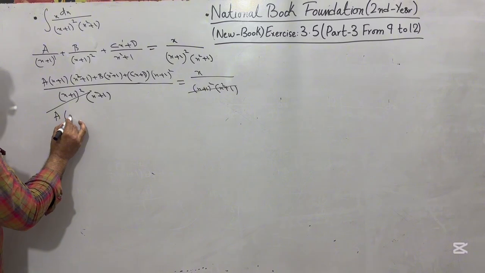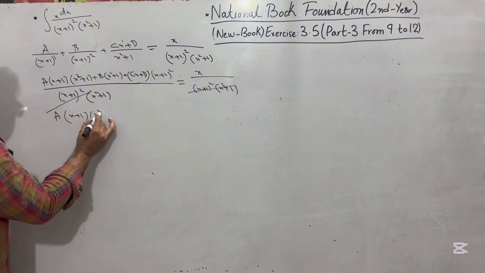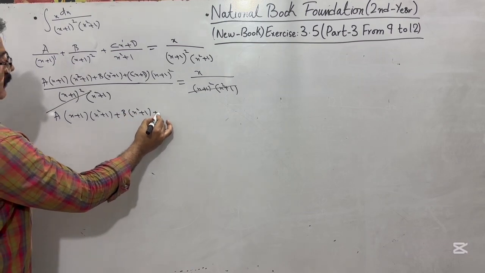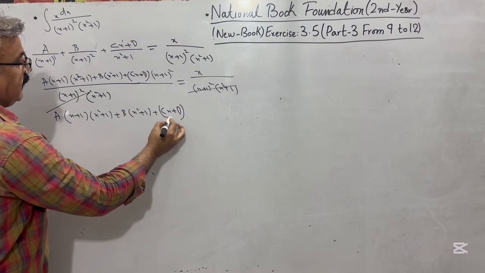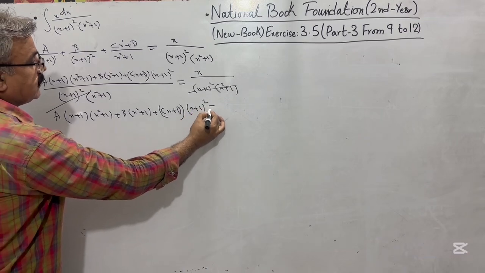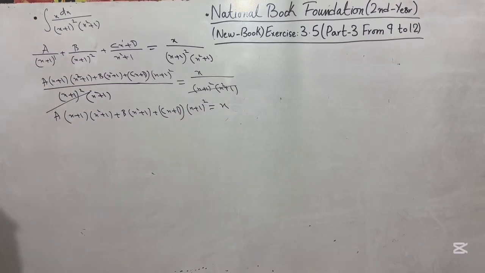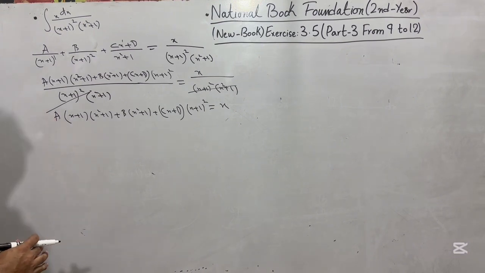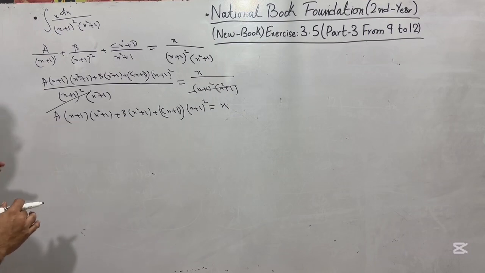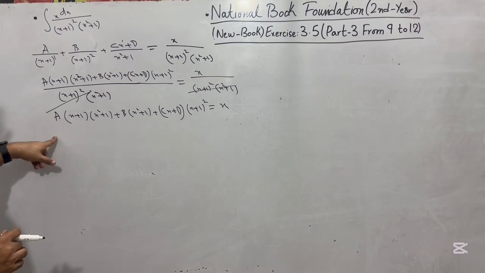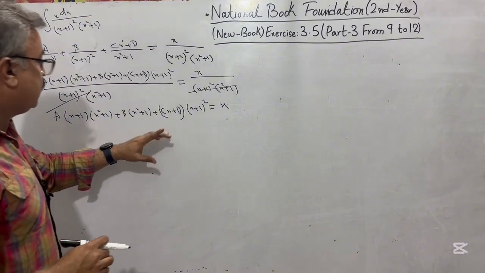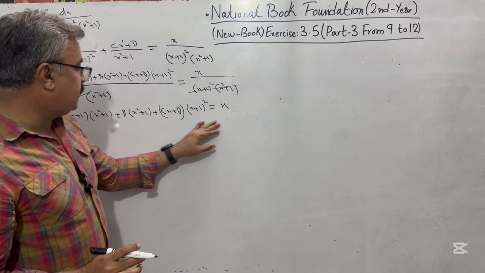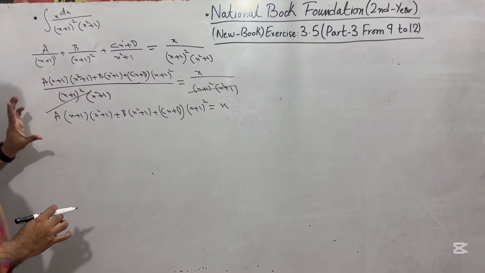A times x plus 1 times x square plus 1, plus b times x square plus 1, plus cx plus d times x plus 1 whole square is equal to x. Now I multiply, leaving a little space here because of one step that I have to solve.